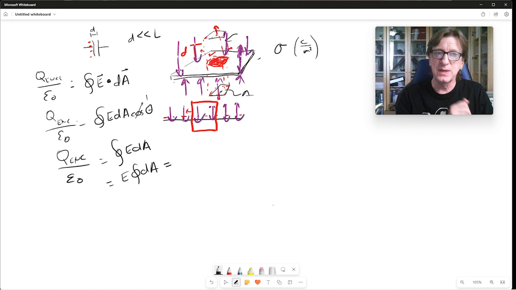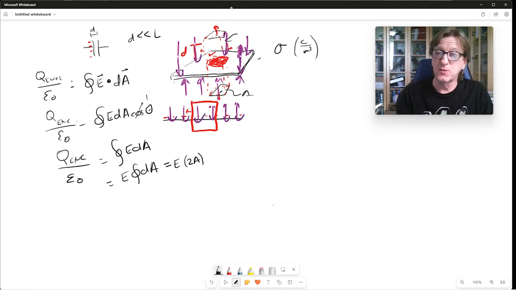Now remember, this is not the area of the plates. This is the area of your Gaussian surface. So since you chose it, it had better cancel. If it doesn't cancel, we've got a problem. So just keep that in the back of your mind. All right, so we'll write this then as E times 2A, because I have two of those areas there. Does everybody see why?